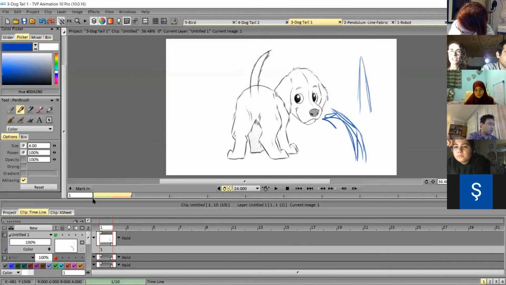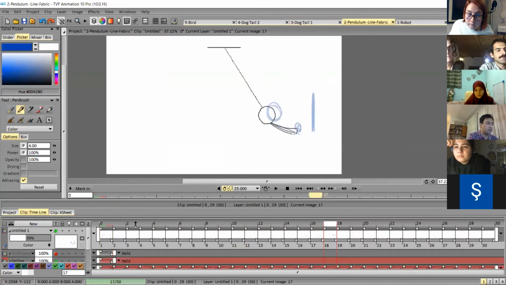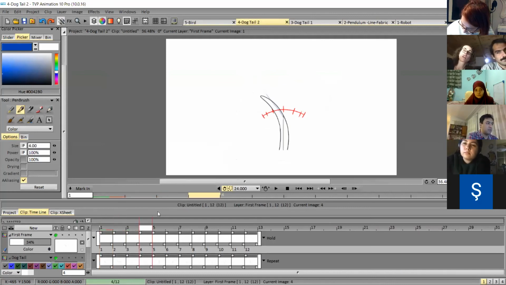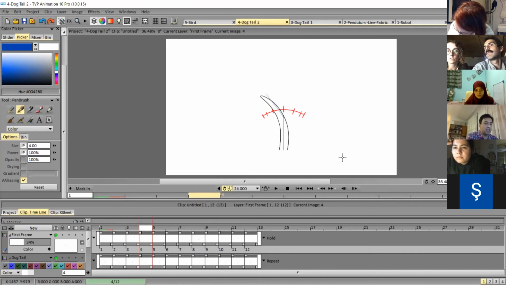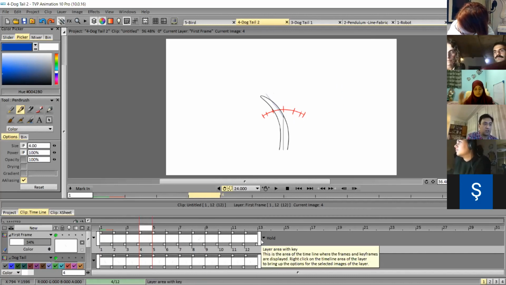This is the middle of the action, and it should be like this, but in Irmak's it is like this here. It should happen in a real dogtail, but it is not what we talked about here in this session.